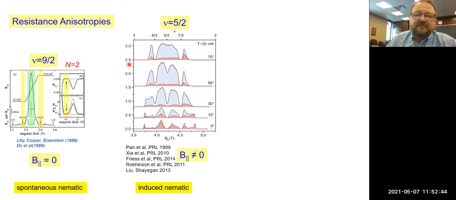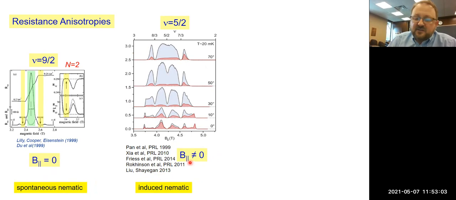We also have nematic phases that develop when the sample is tilted. I call these induced nematic, because you need this external symmetry breaking field applied to your sample to induce nematicity.